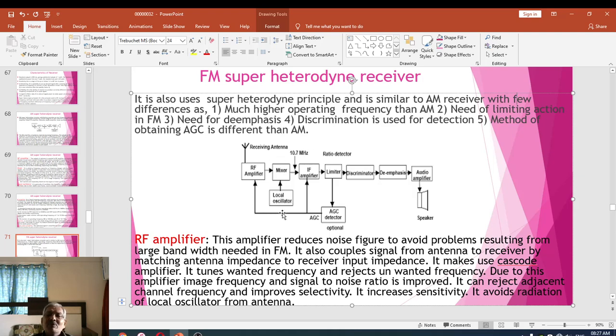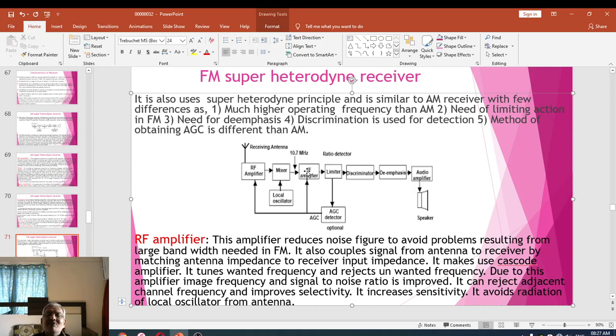The output of the so-called combined RF tuner is now given to the IF amplifier. The IF amplifier has a bandwidth equal to 10.7 megahertz. So that's why it receives all the signal within 10.7 megahertz.